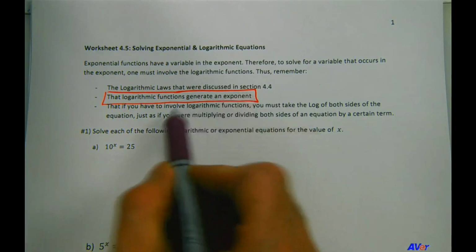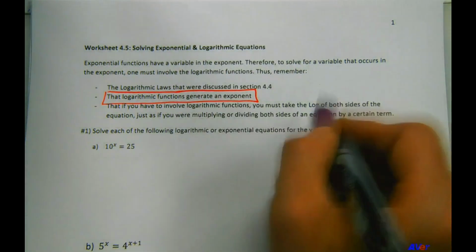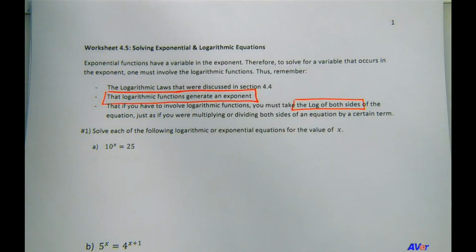Okay, and if you have to involve logarithmic functions, you must take the log of both sides. This is critical. Just like, remember when we solve equations, you add or subtract the same value to both sides, right? You don't do one thing to one side and not do the same thing to the other, right? If you multiply, for example, if you want to clear fractions, you multiply both sides of the equation by the same number.